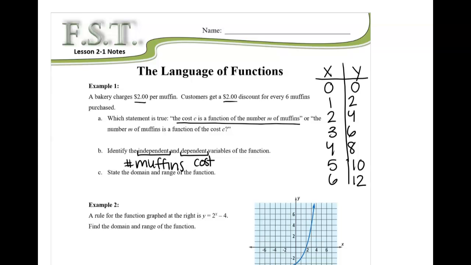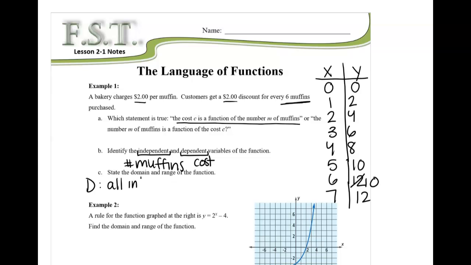6 muffins is $12. Oops, no, it's not. You get a $2 discount for every 6 muffins. So that's actually still $10. But once you get to 7 muffins, that would be $12. So if we look at the domain, which is again our x values, we have all positive integers.